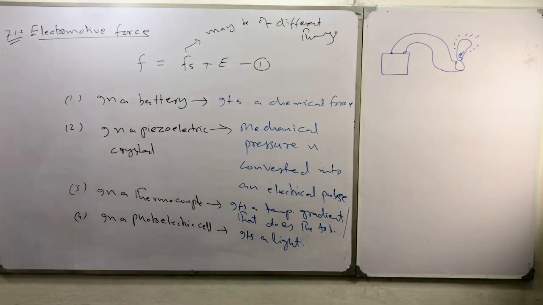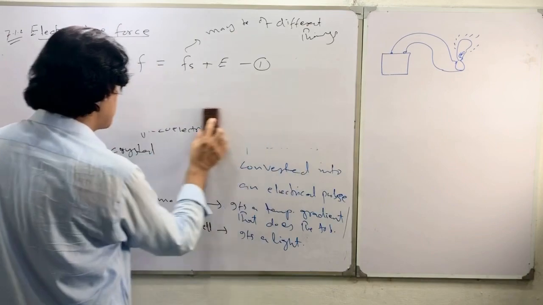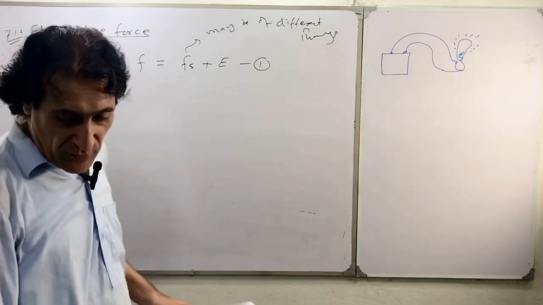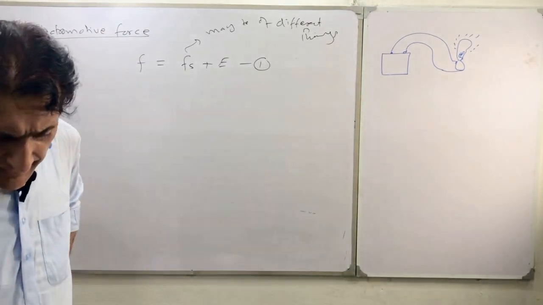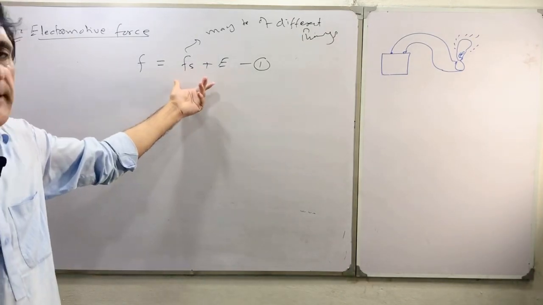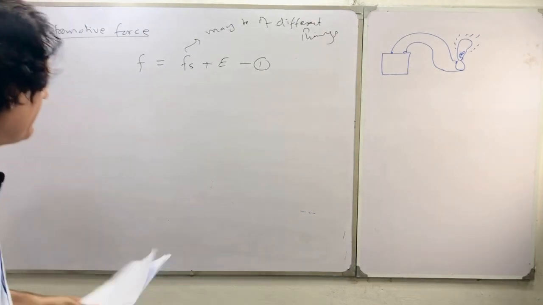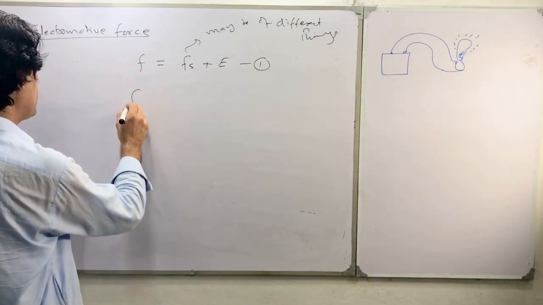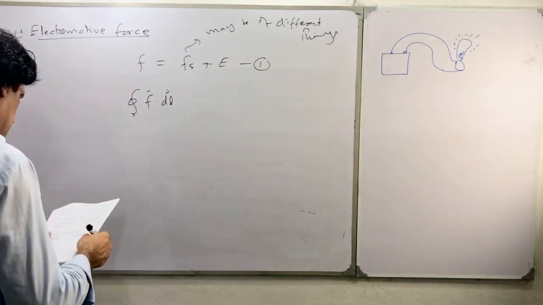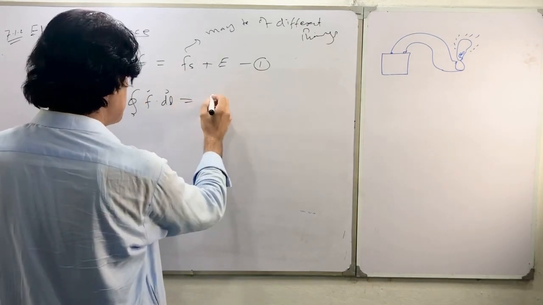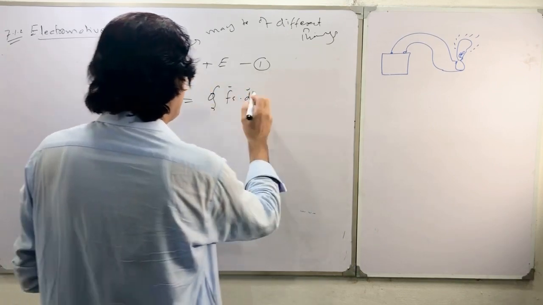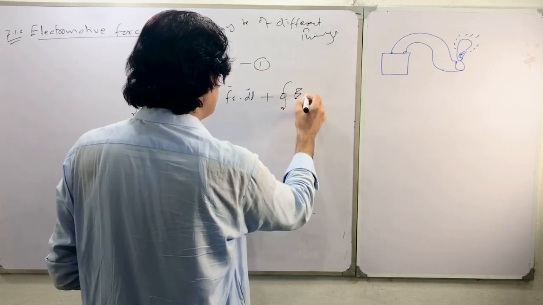So now what will happen if we write this in a closed loop? This is equation number first, and for a closed loop, equation 1 can be written as the closed loop integral of F dot dl equals the closed loop integral of Fs dot dl plus the closed loop integral of E dot dl.